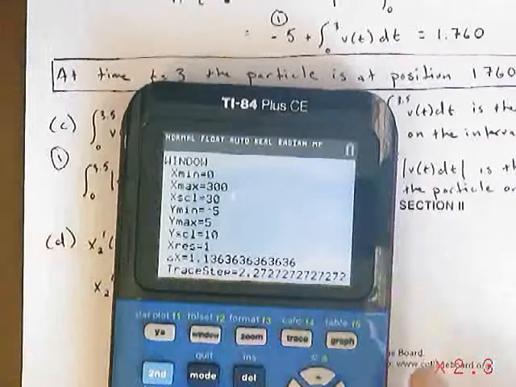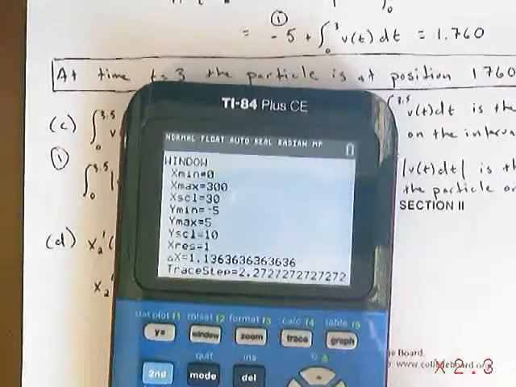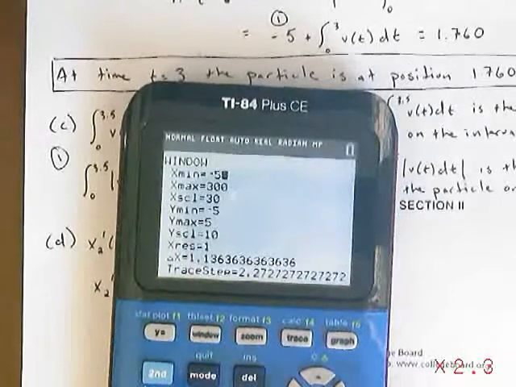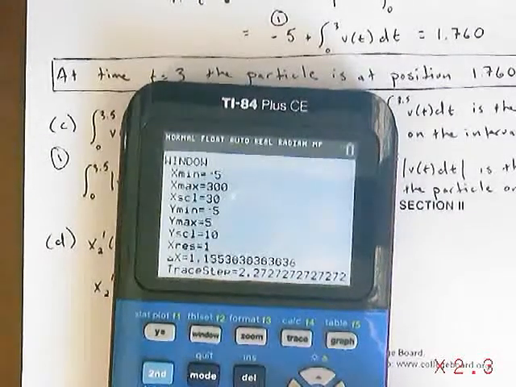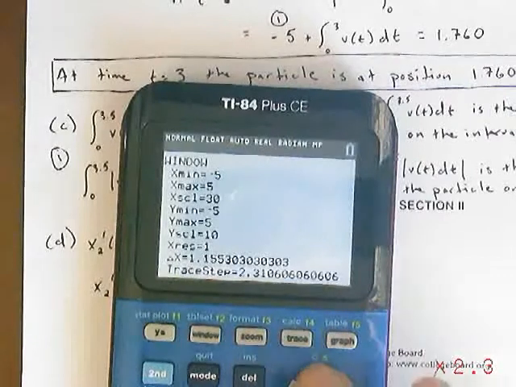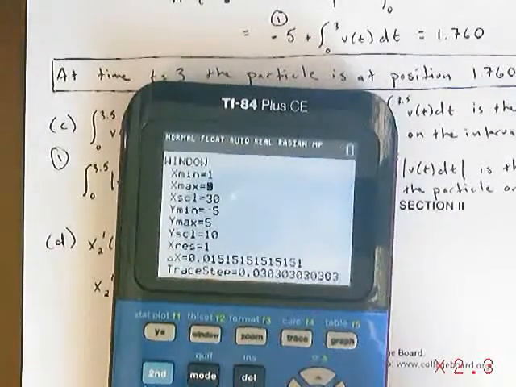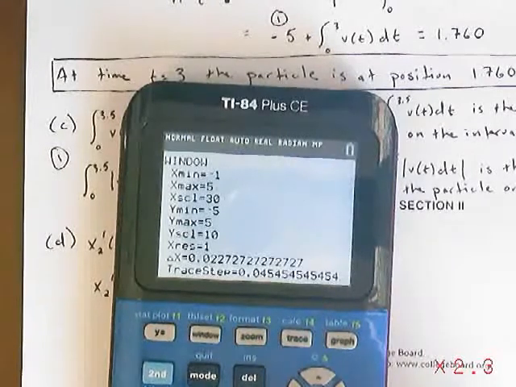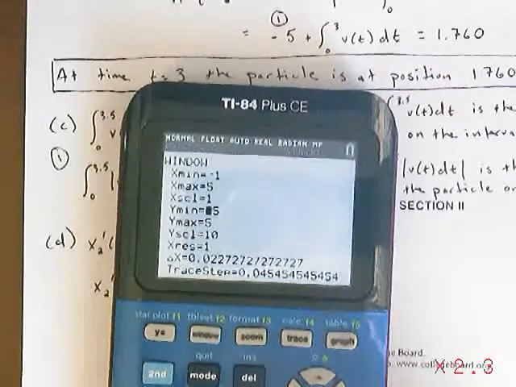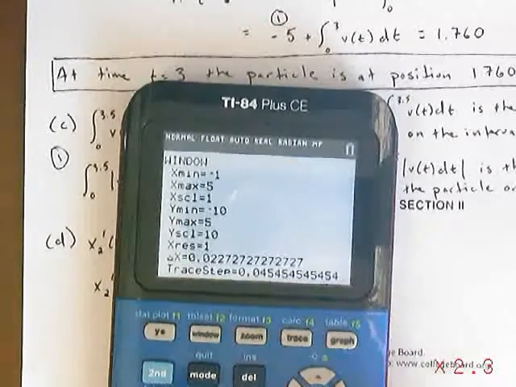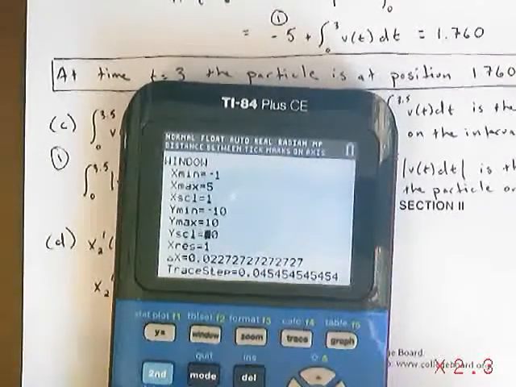Oh, yeah, that's way off. Let's do an x min of -5, x max of, actually no, let's do like -1 and 5. The y min we can do like -10 and 10, scale by ones.